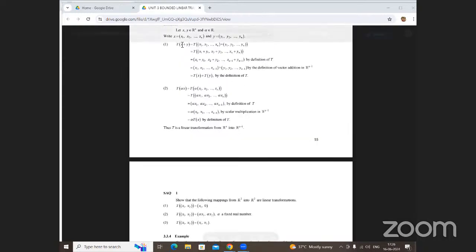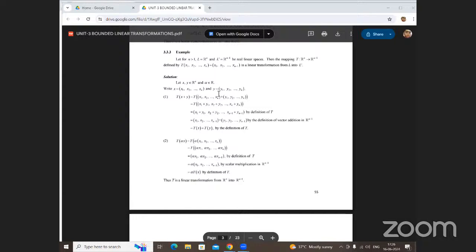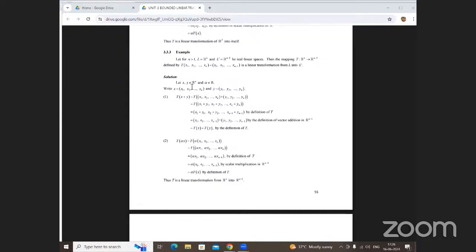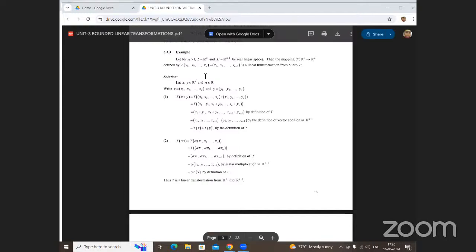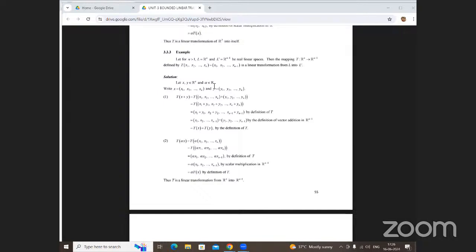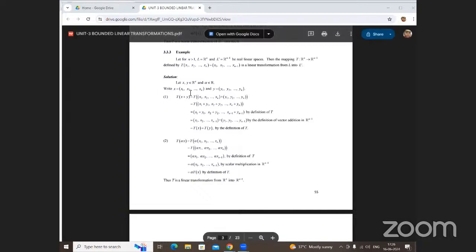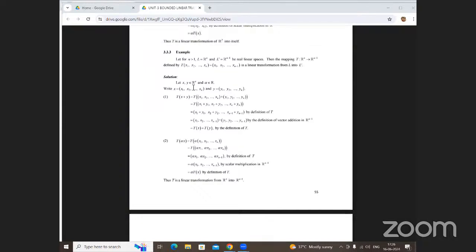Similarly, put x equal to x1, x2, and so on up to xn, and let y be another element in the n-dimensional part, y equals y1, y2, and so on up to yn. Both elements are in the linear space, the domain. T of x plus y equals T of x1 plus y1, x2 plus y2, and so on up to xn plus yn.